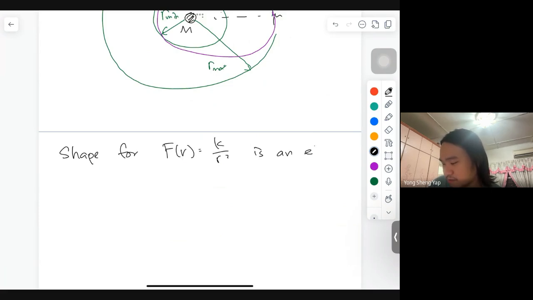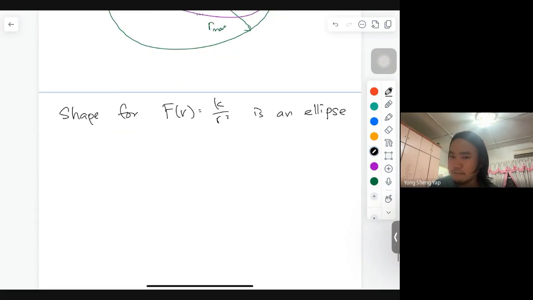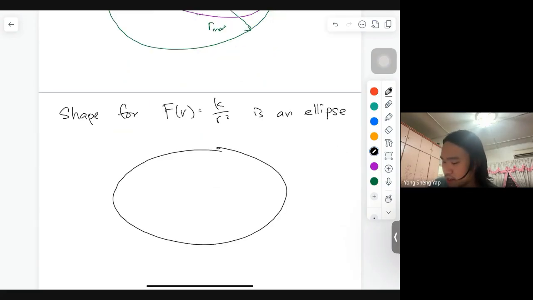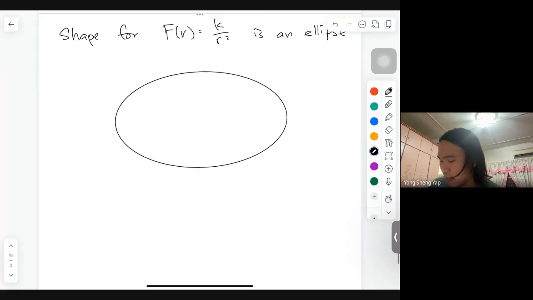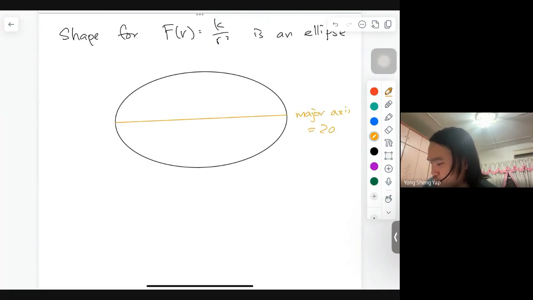So what is an ellipse? An ellipse is something that has a long axis. The long axis is called the major axis, which has a length 2a. And then from the symmetry point, there are going to be 2 points called the foci, the focus.